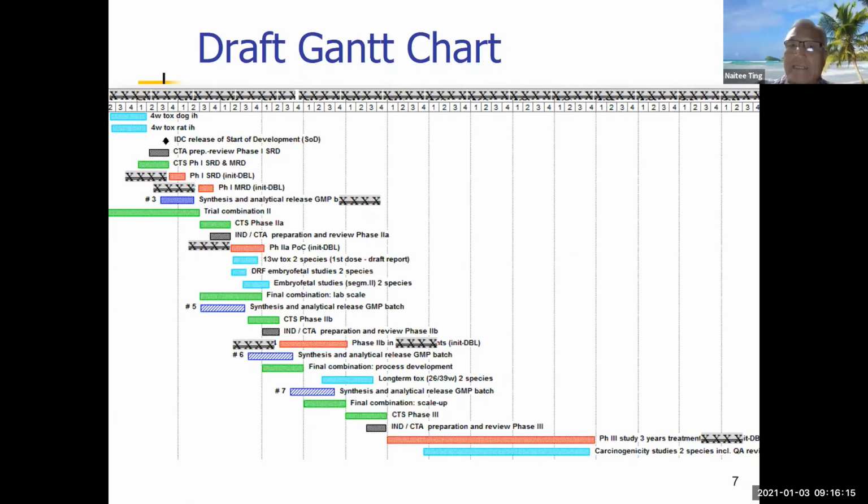Your body will act on it. So that's kind of PK.